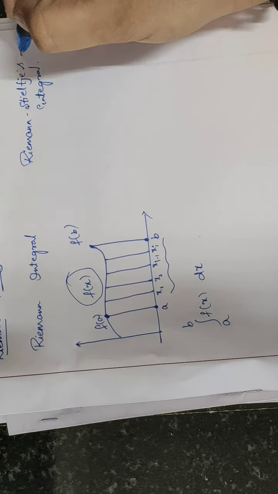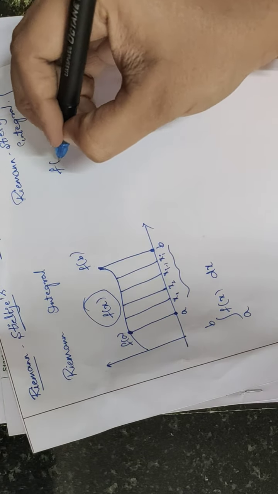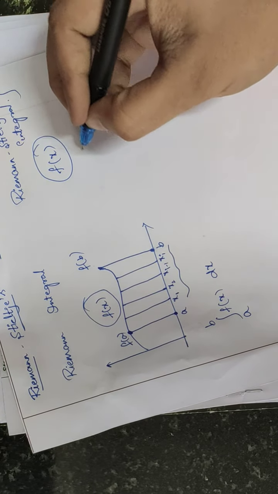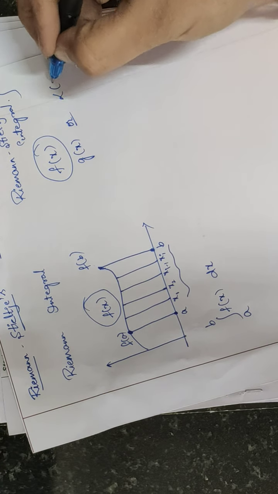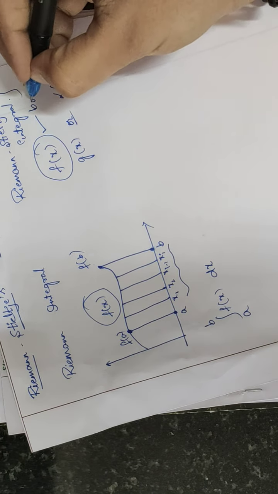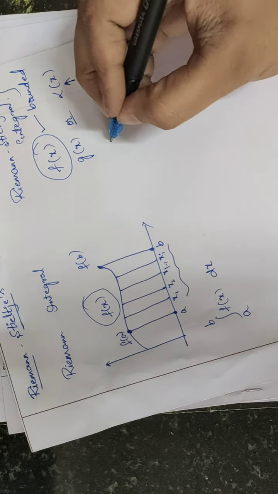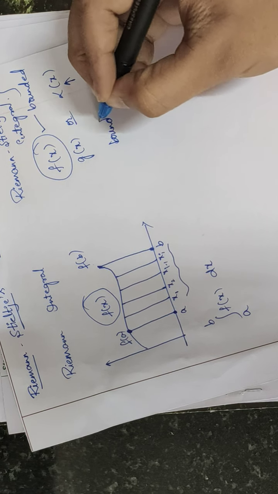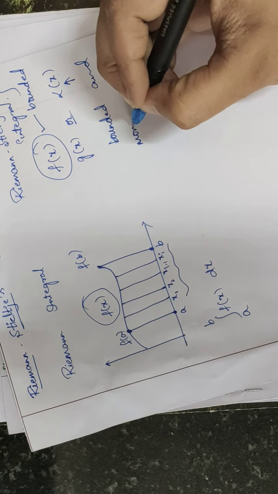But in Riemann-Stieltjes integral, what happens is we will be having two functions. One is f of x, another one is g of x, or I can represent that as alpha x. This f of x will be always bounded function. This alpha x will be bounded, along with that it will be monotonically increasing function.